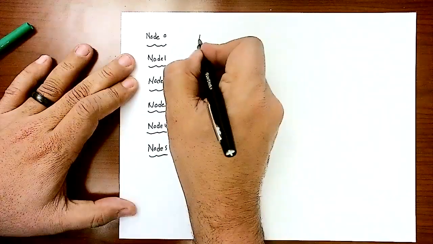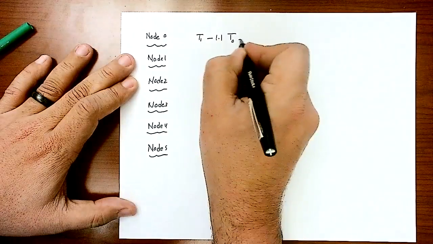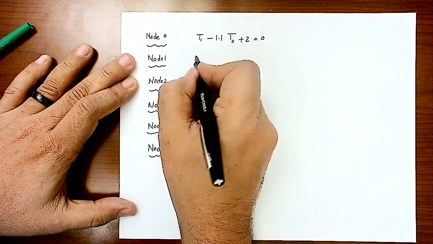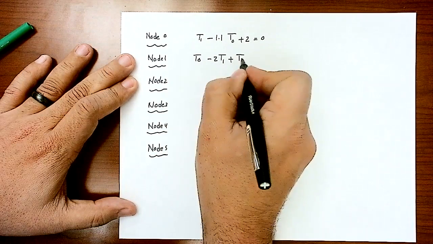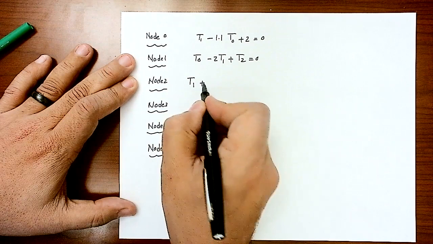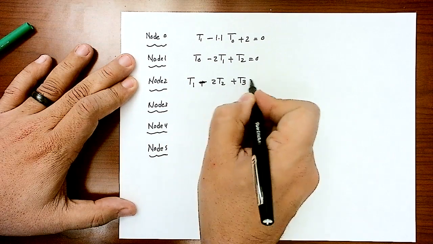For node 0, I have T1 minus 1.1 T0 plus 2 equals 0. For node number 1, I got T0 minus 2 T1 plus T2 equals 0. T1 minus 2 T2 plus T3 equals 0.